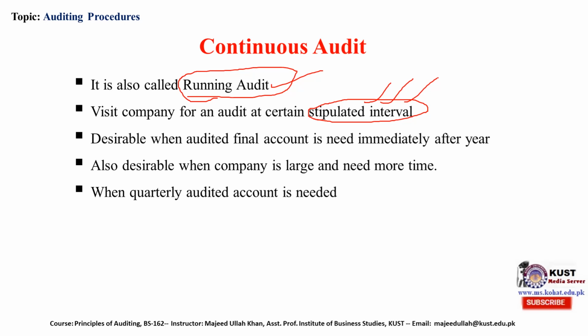Or the second case is a running audit when the business is extraordinarily large and needs more time to be checked. When in business, monthly or quarterly final accounts are required throughout the year. So these are two reasons why continuous audit is desirable or required.